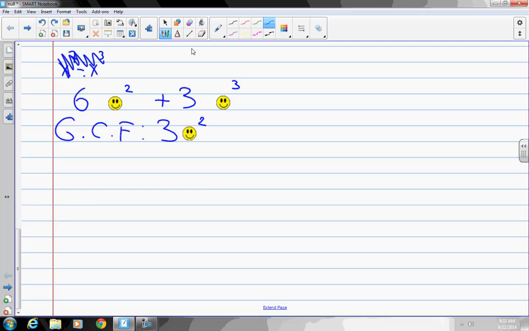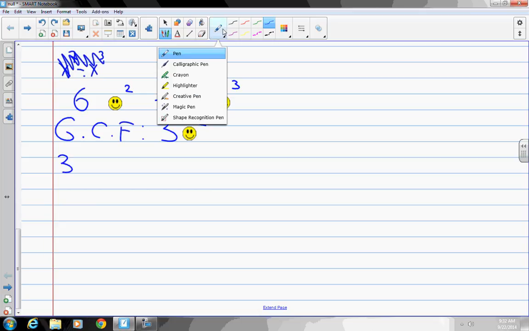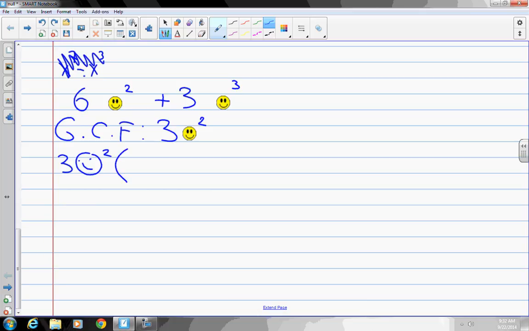Take it out to the lowest power. So then, that's too many smiley faces. Okay, I'm going to get lazy. I'm going to write it like that. So what's left? What goes in the parentheses? 2 plus, okay, that's, yeah. Is that okay? So it's the same concept.